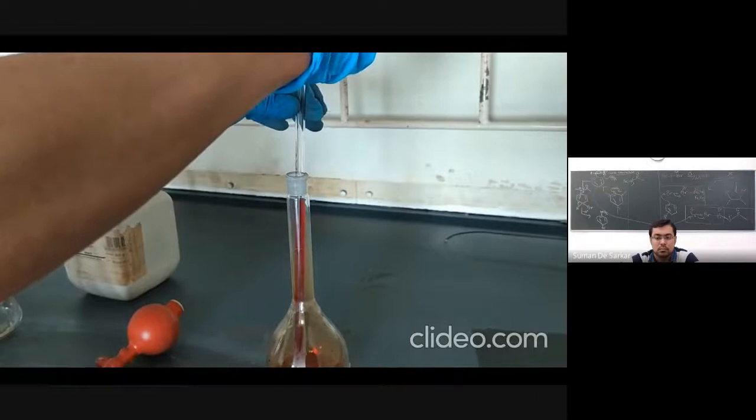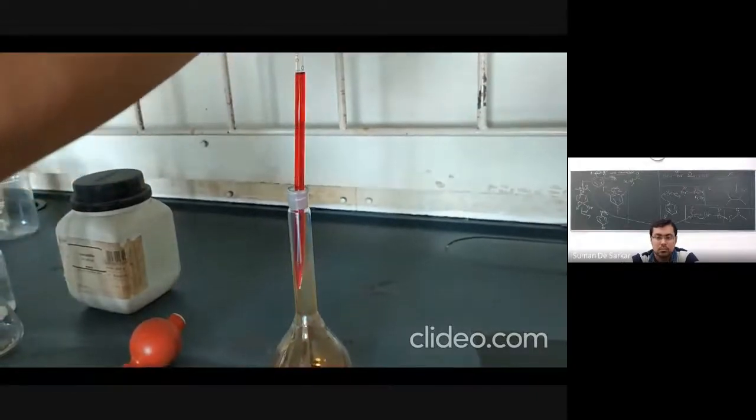So we add 5 ml bromine in acetic acid solution to this acetanilide solution in acetic acid.